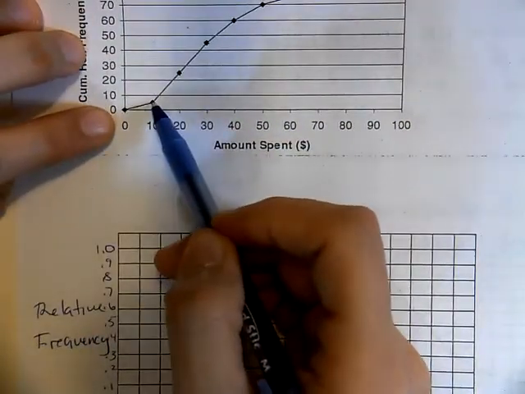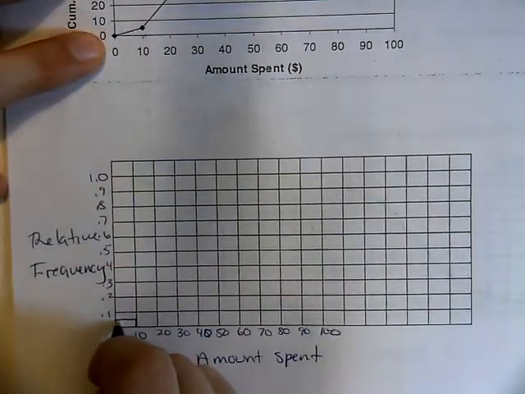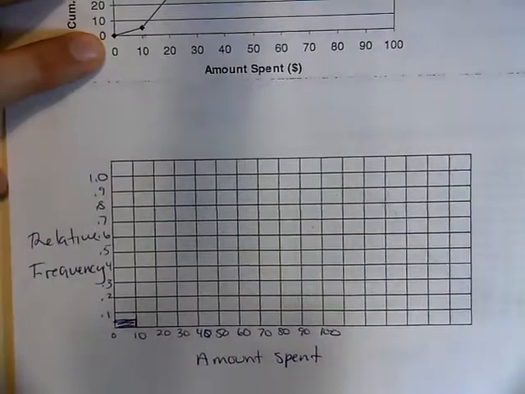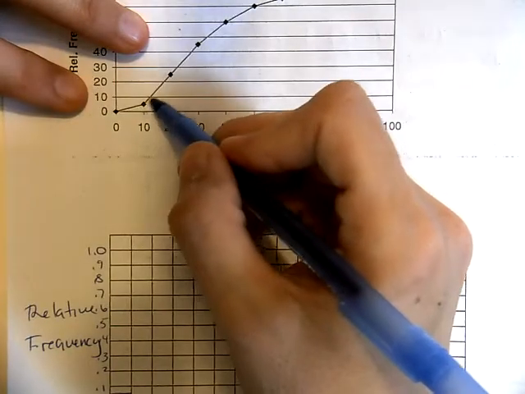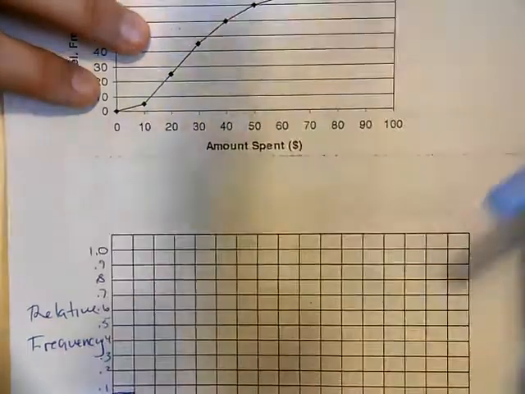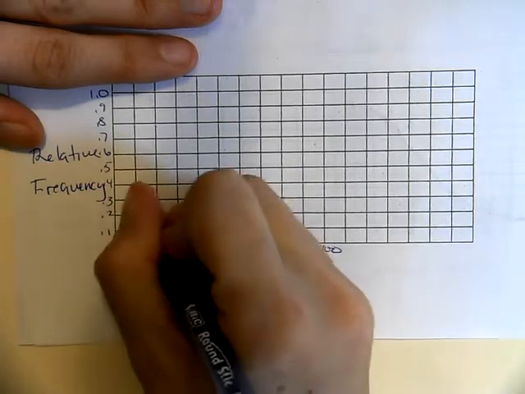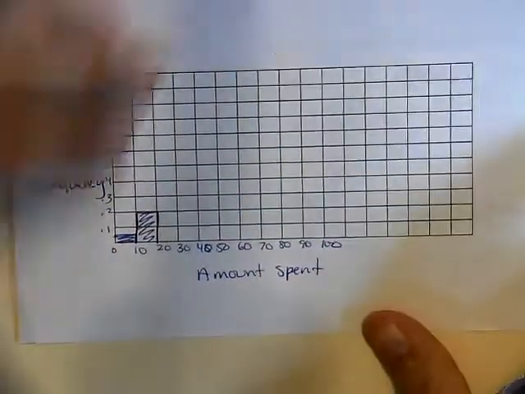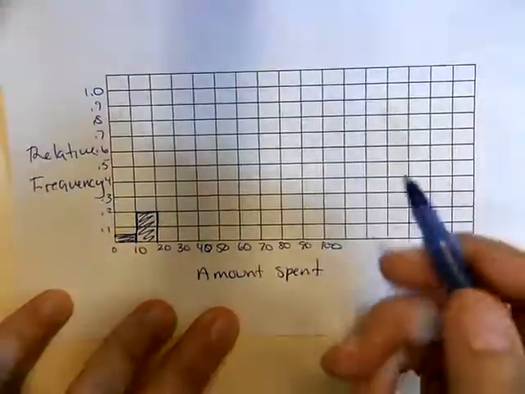So here it went from 0 to about 5%. So I'm going to draw a little mini 5% on my histogram. From 10 to 20, it looks like it went up 10, 20%. Okay, from 20 to 30, it looks like it jumped another 20%.